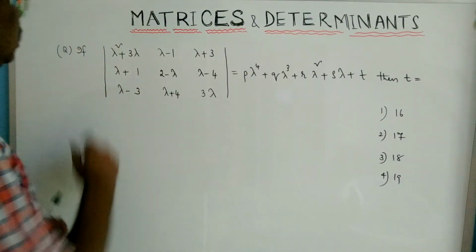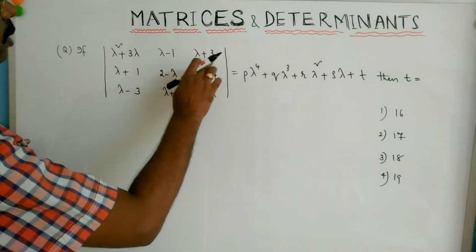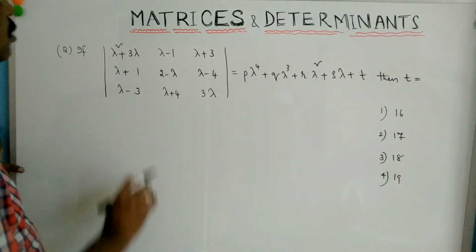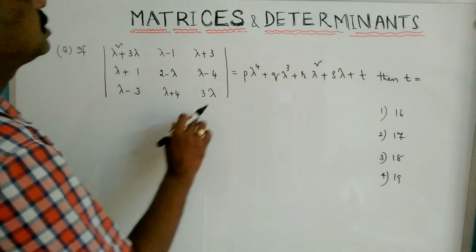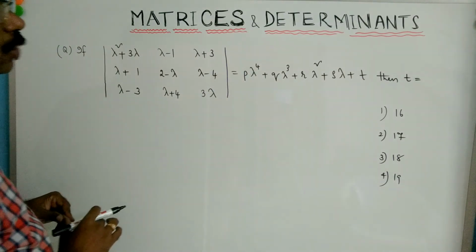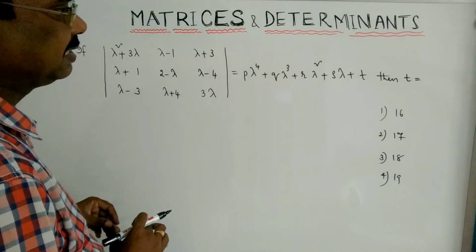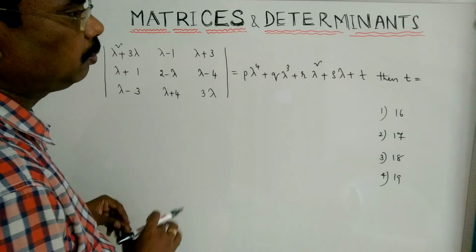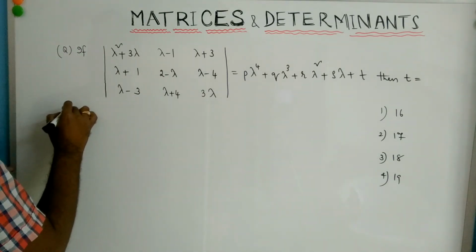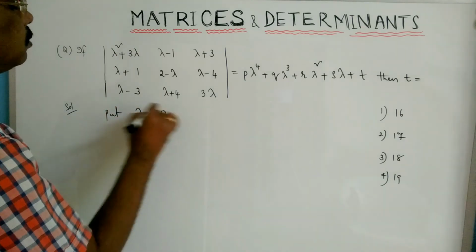Next one, if det of [lambda square plus 3 lambda, lambda minus 1, lambda plus 3; lambda plus 1, 2 minus lambda, lambda minus 4; lambda minus 3, lambda plus 4, 3 lambda] is equal to p lambda power 4 plus q lambda cube plus r lambda square plus s lambda plus t, then t is equal to. Okay, now lambda is equal to 0.